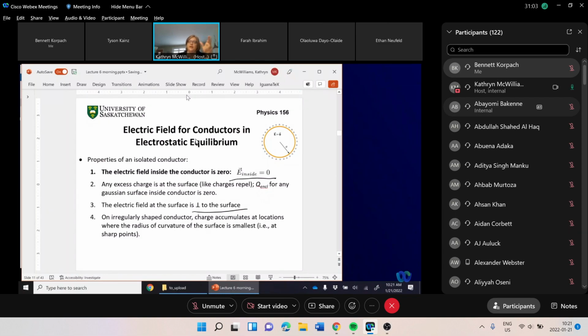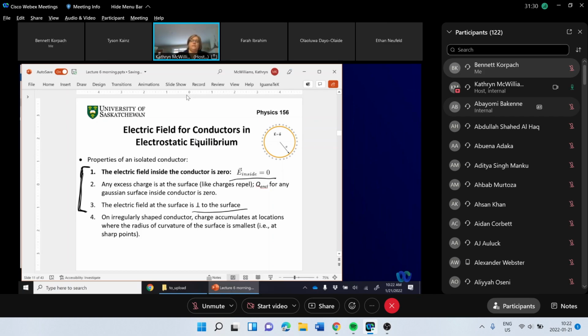And when you have a shape that isn't the same curvature everywhere, the charge density at the pointiest parts is highest. Okay, so these top 3 are the ones you're going to have to be mostly thinking about. The 4th point is for your information mostly. You need to know the concept, so you might have a multiple choice question on it or something. But the top 3 are the ones you'll have to do questions about.